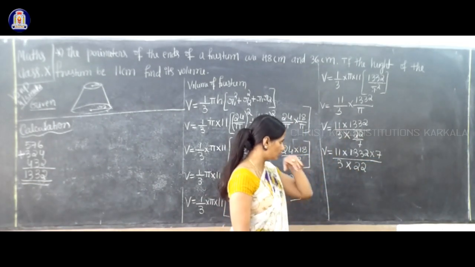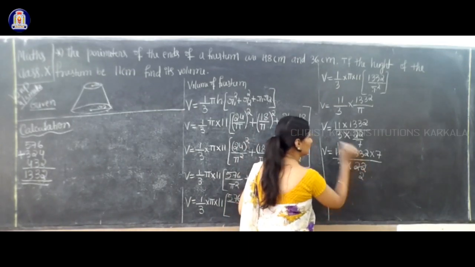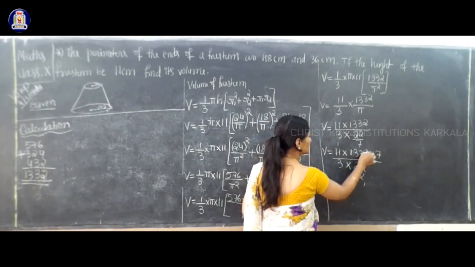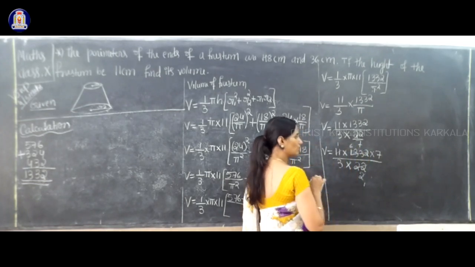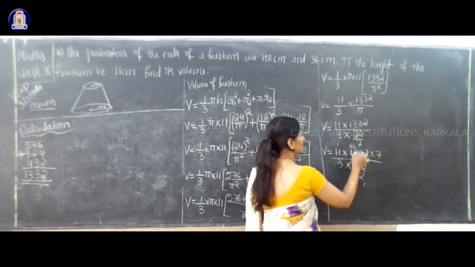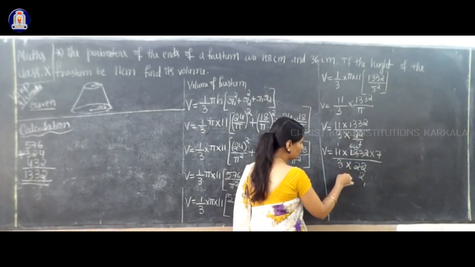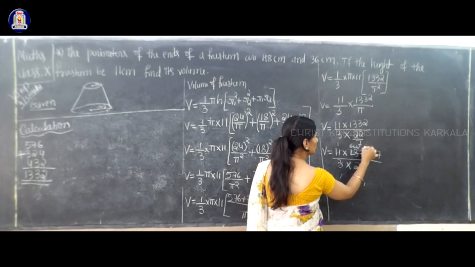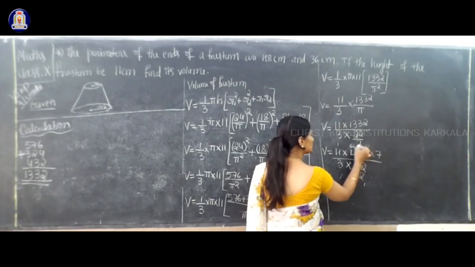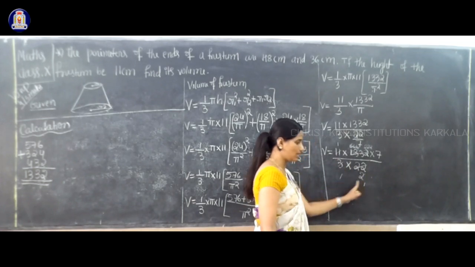Now cancel whatever is possible. 11 ones are 11, 11 twos are 22. Next, 2 sixes are 12, 1 remainder. Now 3 ones are 3, 3 twos are 6, 3 twos are 6, 3 twos are 6. Is anything left in the denominator?